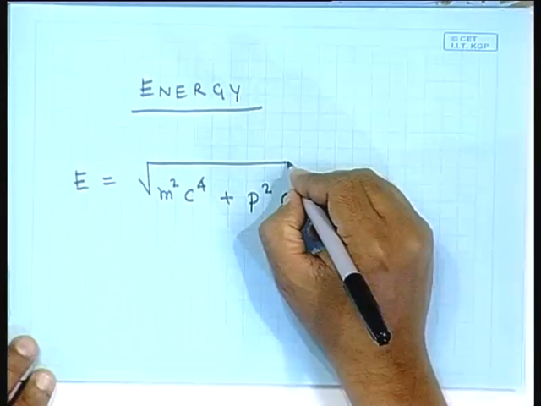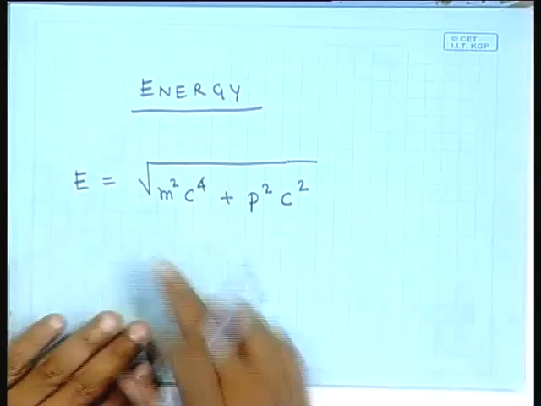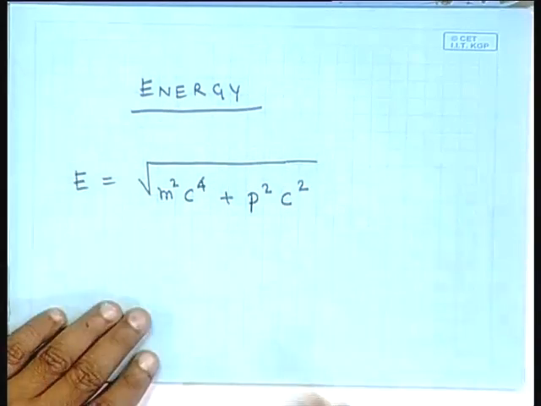So, this is the relation between the energy and the momentum of a particle according to Einstein's theory of relativity, and we have to use this formula in order to get the correct results.